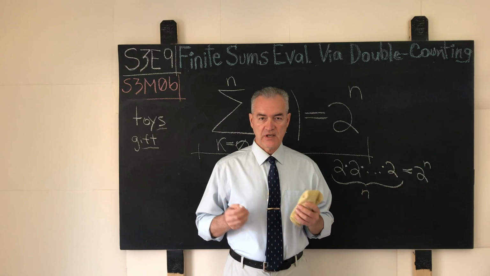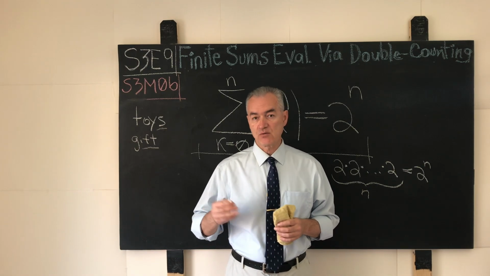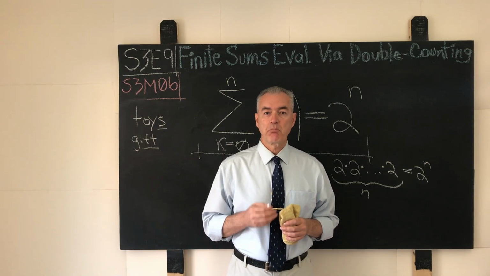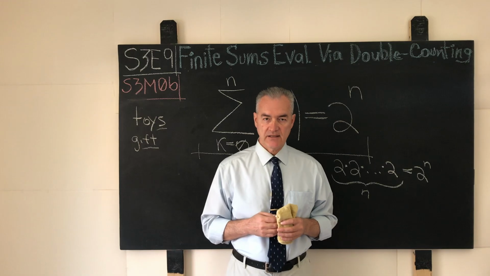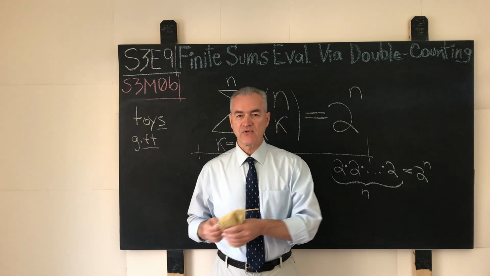And now that we have more or less a reasonable idea of how the double counting approach works in combinatorial analysis, let us see if we can parallel translate that idea from combinatorial analysis into the context of finite sums.